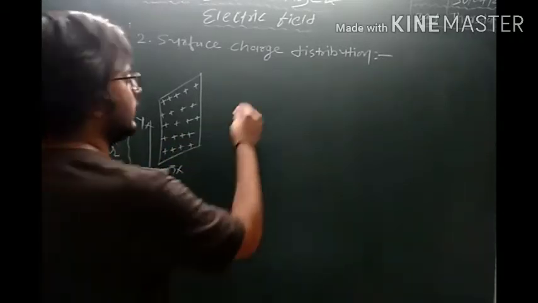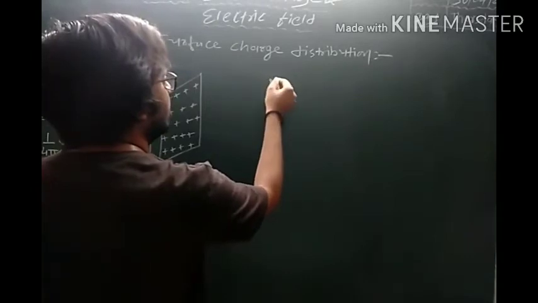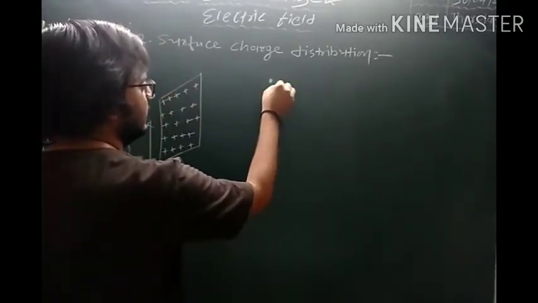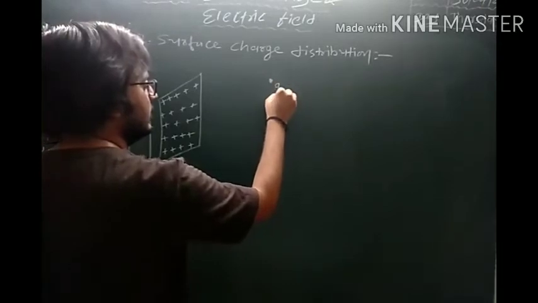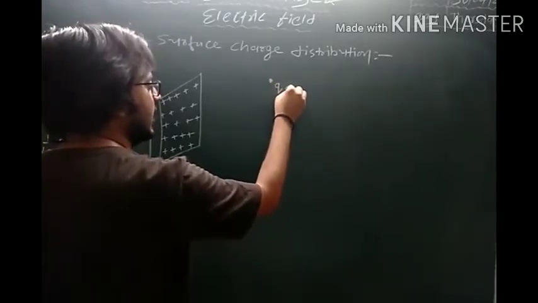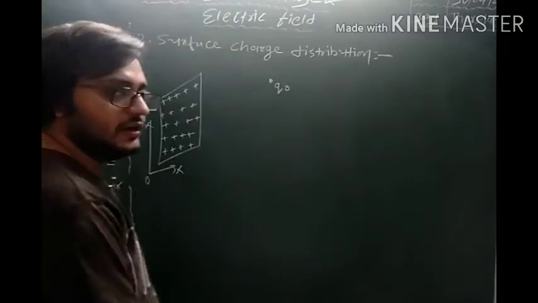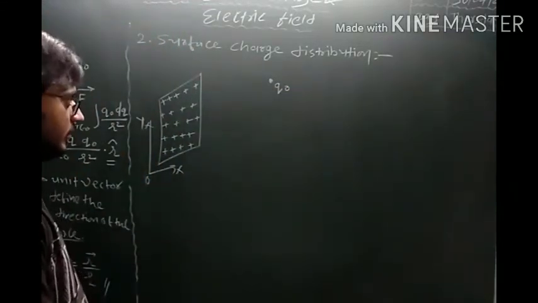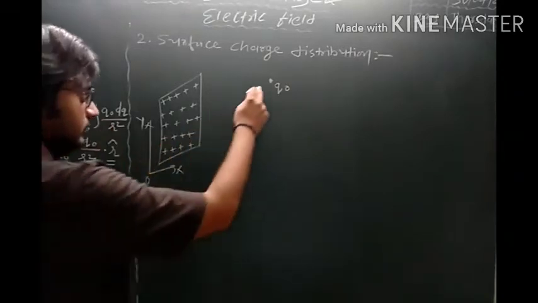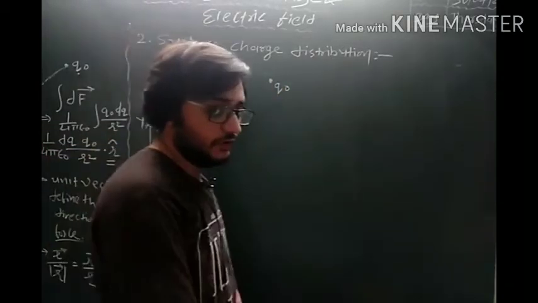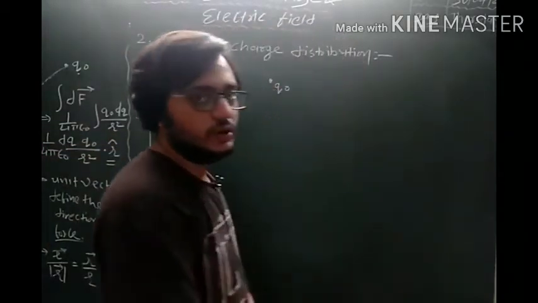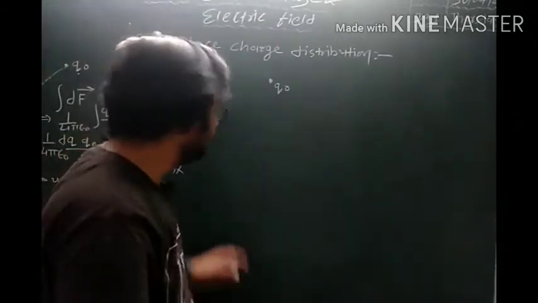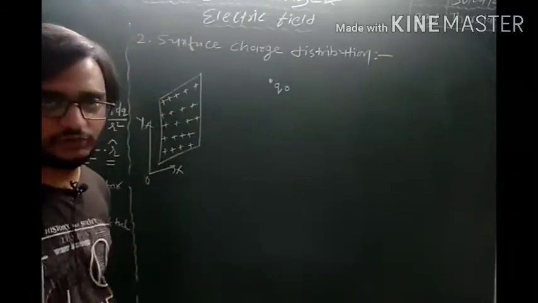Now we want to find out the electric force far from this region or at some region. So we take one charge, that is q naught. This is our test charge. Now we want to find out the total force exerted on charge q naught due to this continuous charge distribution.